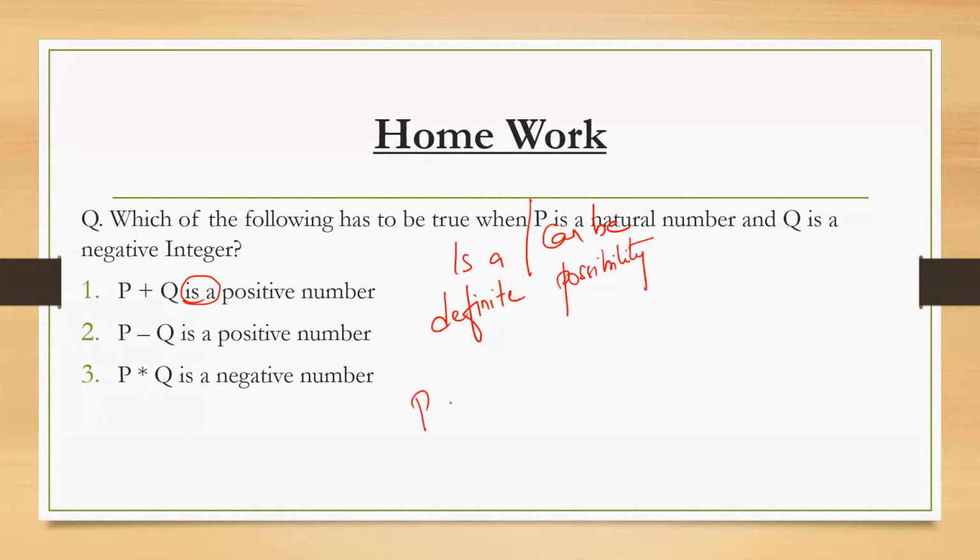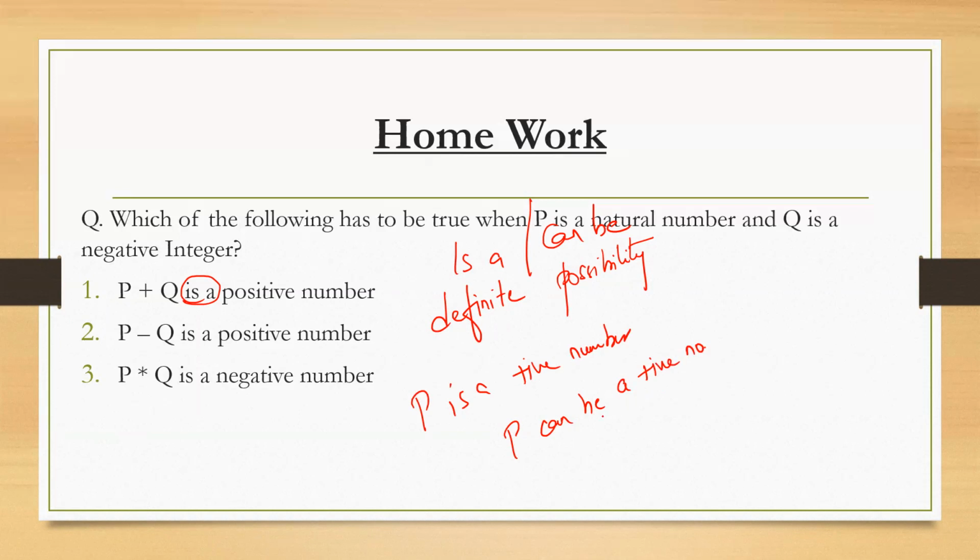When I say P is a positive number, that means for all the values of P, P has to be positive. If even in one of the cases it turns negative, then that is a wrong statement. Similarly, if I say the other statement, P can be a positive number, what does this mean?